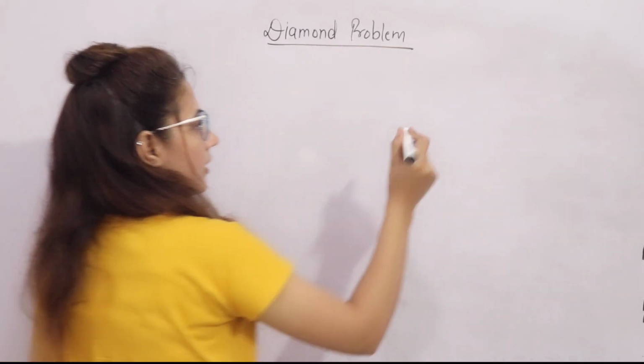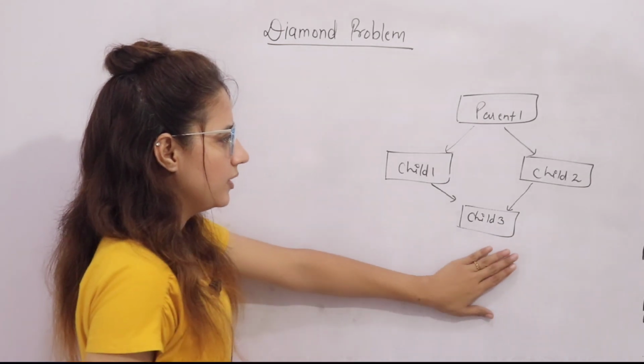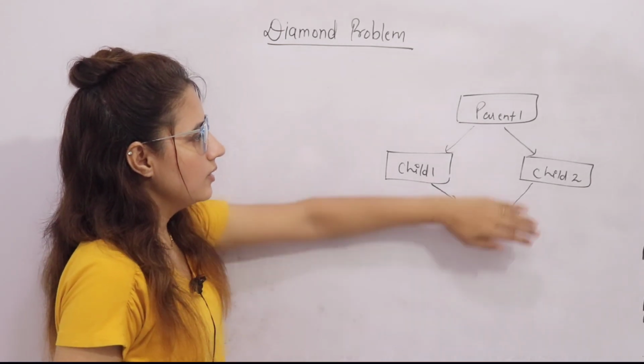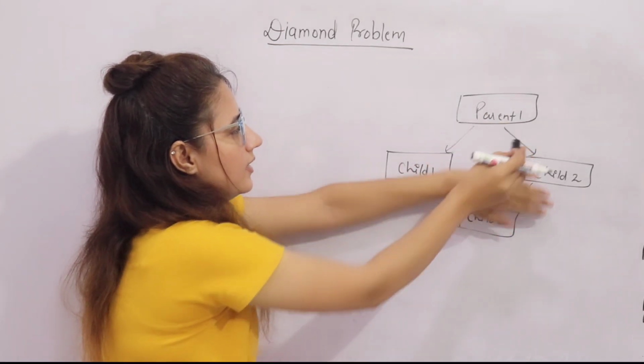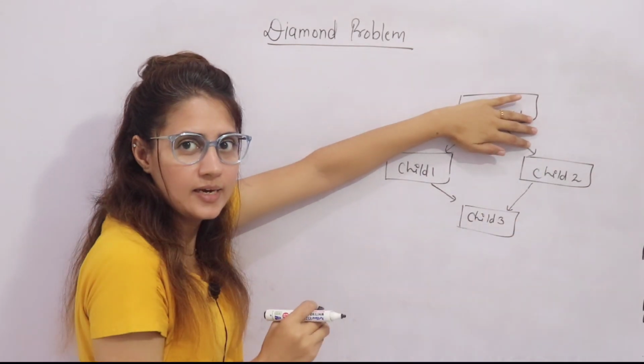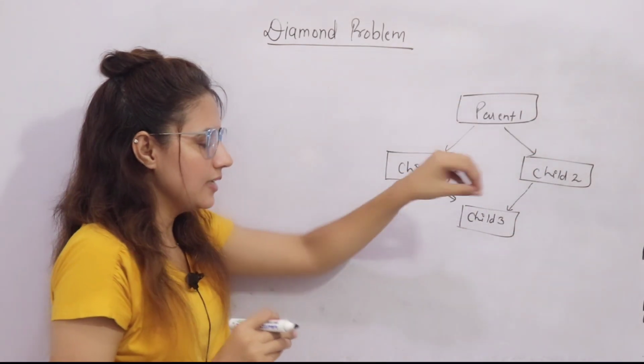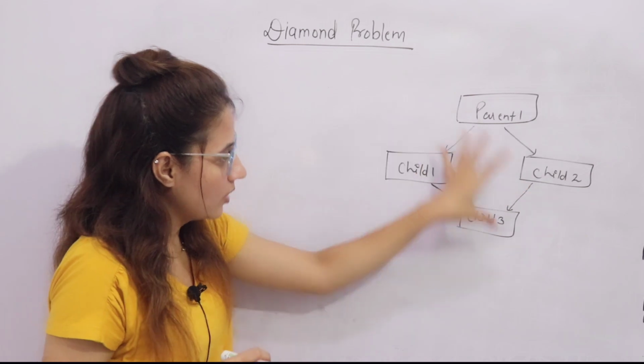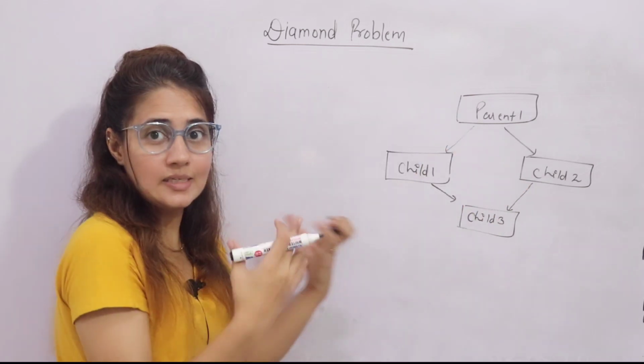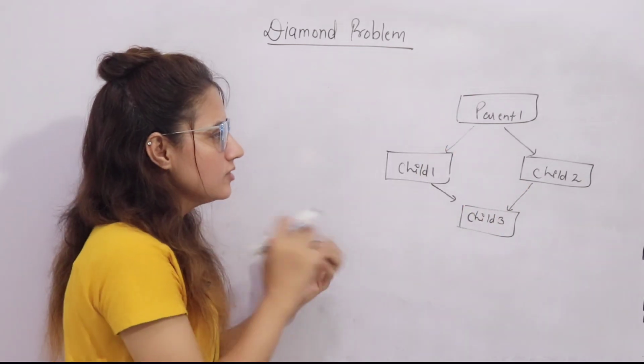See, this thing we have seen, this is hybrid inheritance, right? This is what? Hierarchical, and this is what? Multiple inheritance. So this is basically this type of structure. As you can see, it is somewhat like a diamond, right? And here, what is this problem?